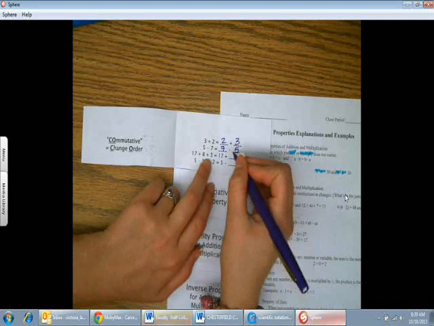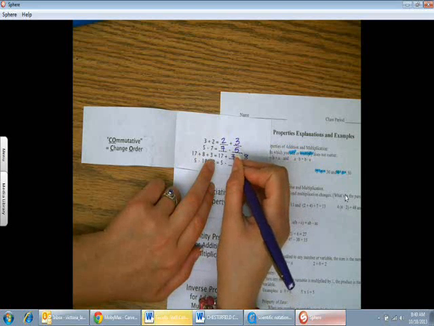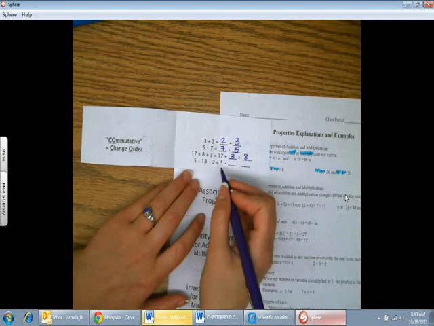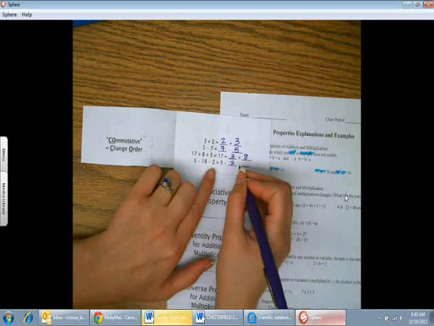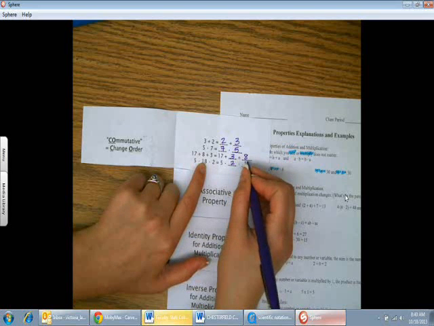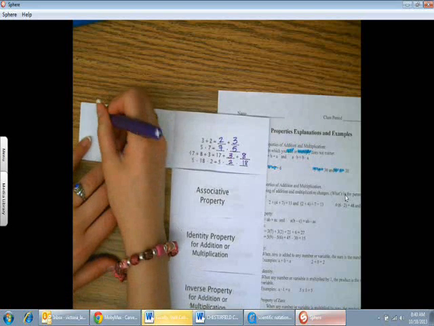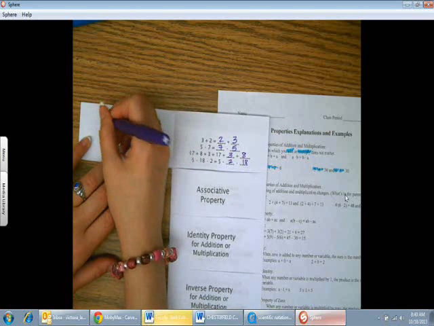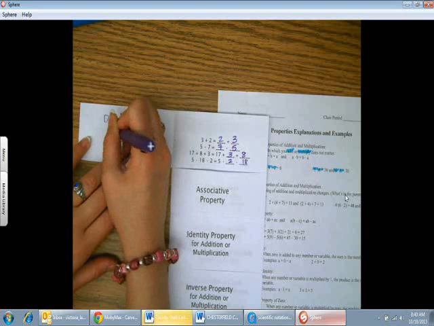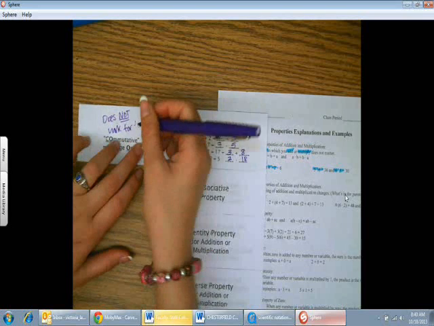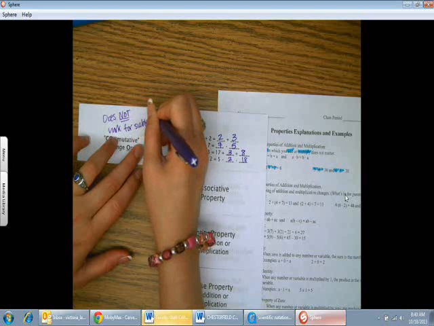So since the 8 came first, it's going to go last, and since the 3 came last, it'll go first. And then the same thing here. Notice this 5 stayed the same, so this is going to become a 2, and then this one will become the 18. And so again, maybe make a little note up here that it does not work for subtraction and division.